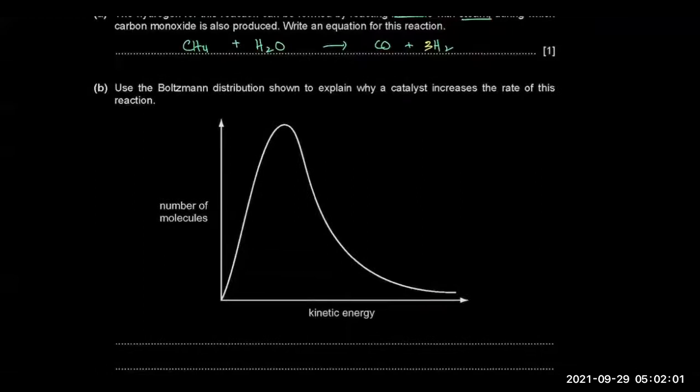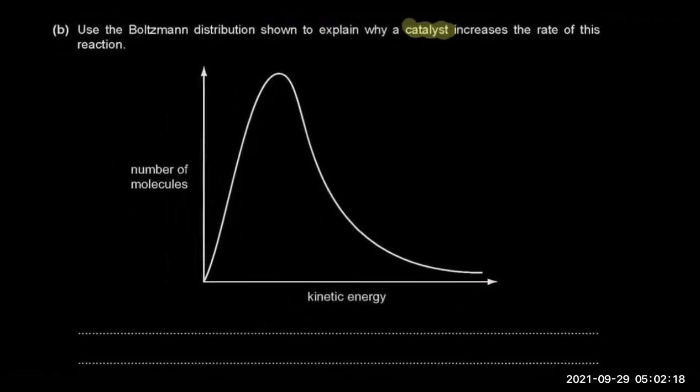Okay, use the Boltzmann distribution shown to explain why a catalyst increases the rate of this reaction. You have to show it. So what should I label on this graph? Let's say this is the activation energy without the catalyst.